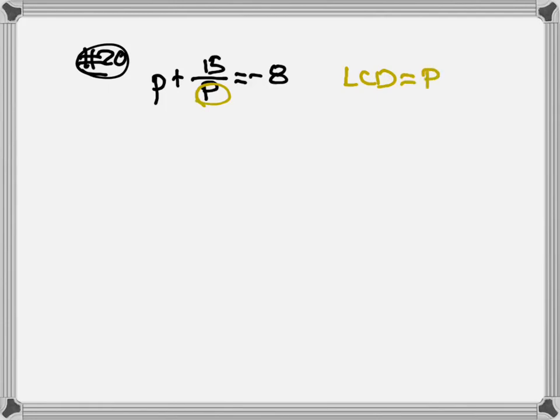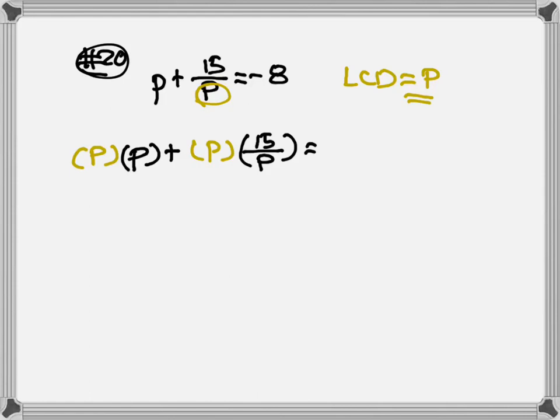We're going to take the p, the common denominator, and multiply it to every single number in the equation. So p times p plus p times 15 over p equal to p times negative 8.